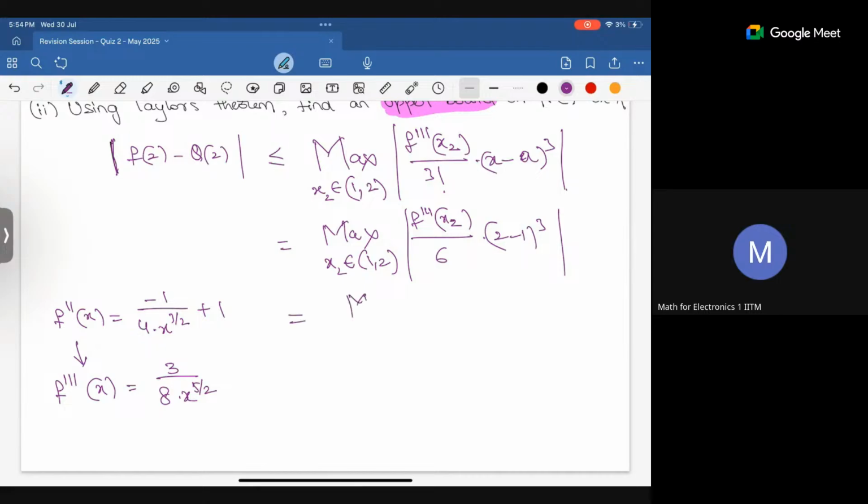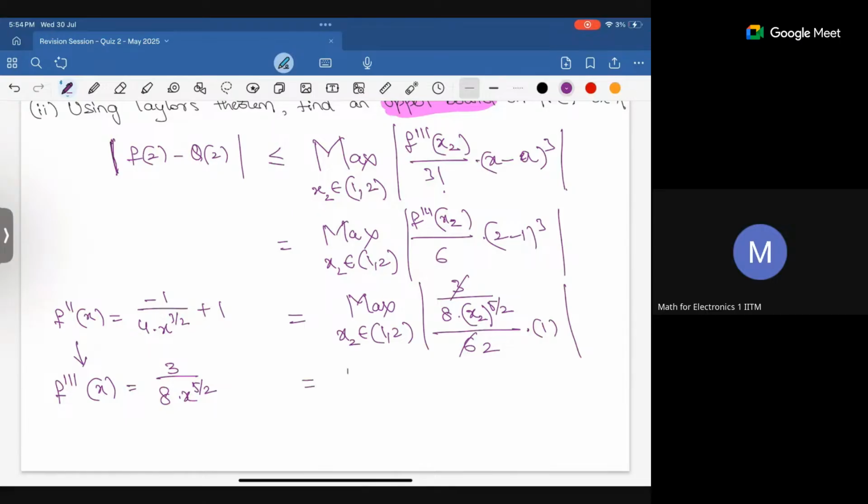You can substitute it here. The maximum value in the interval 1 to 2 is 3 by 8 into x2 whole power 5 by 2, whole divided by 6 into 1. This and this will get cancelled out, and 8 times 2 is 16.